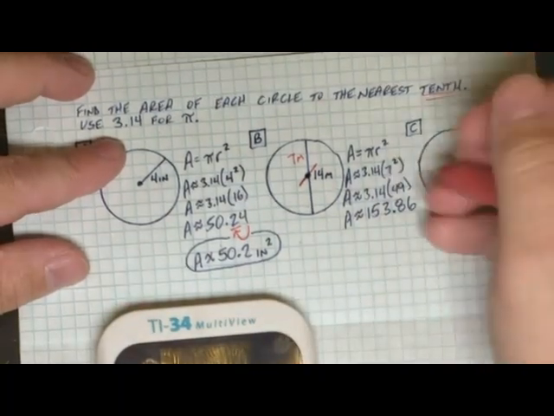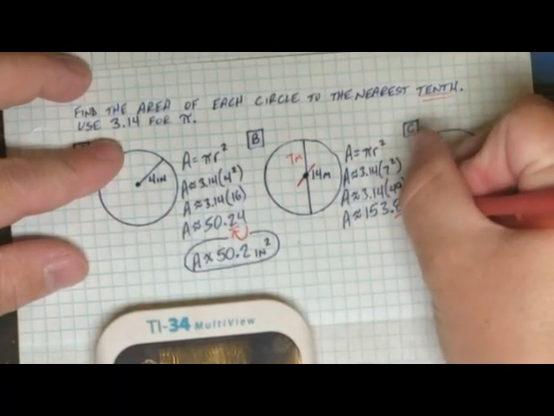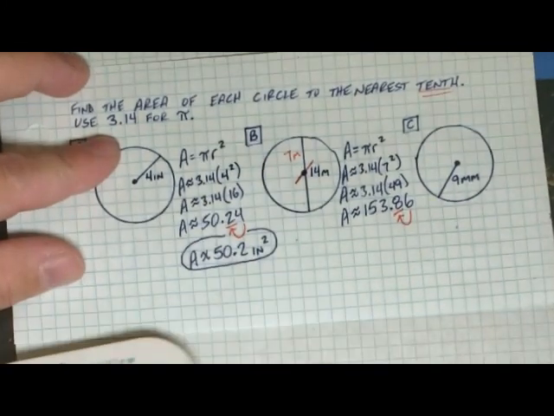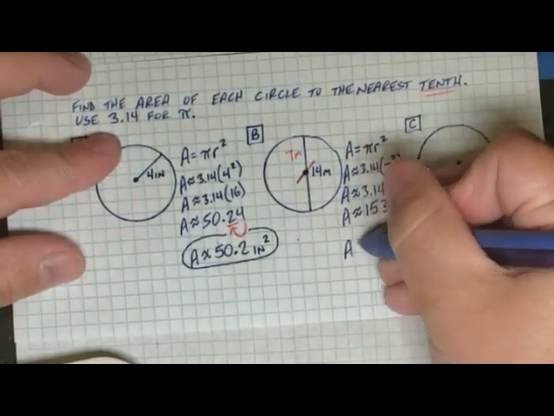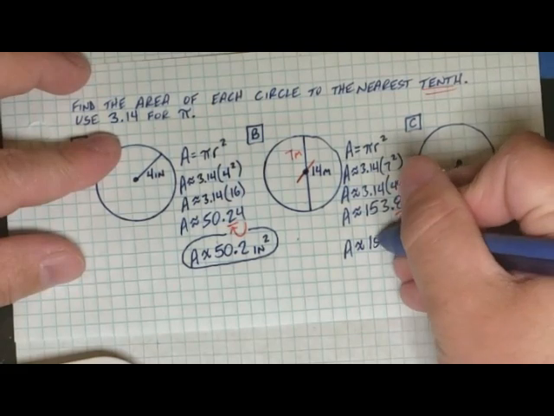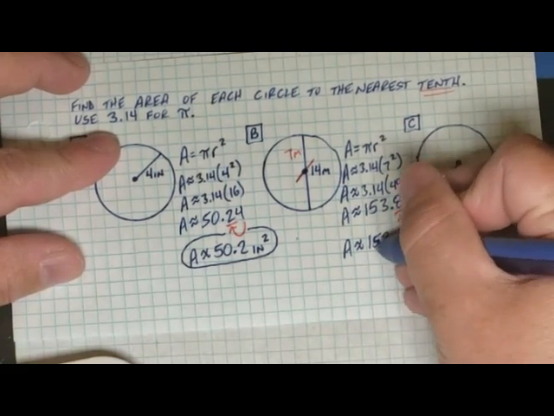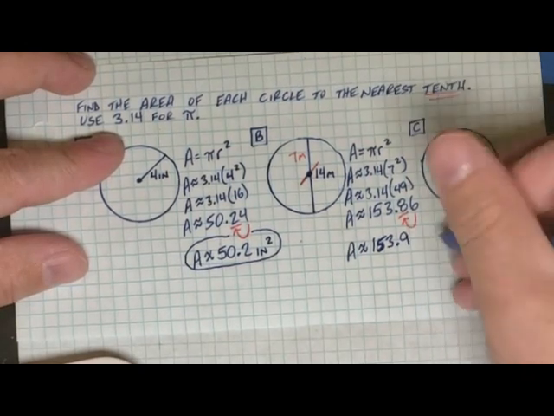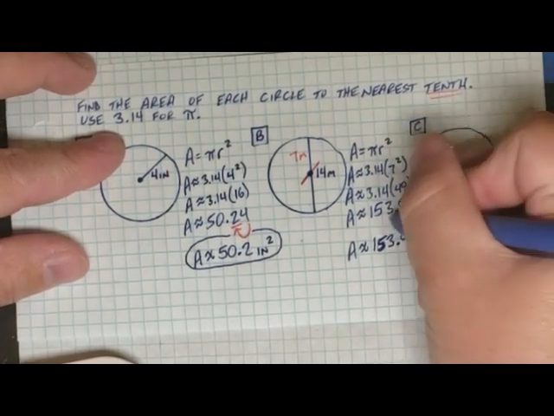We're supposed to round to the tenths place. This 6 would push the 8 up to a 9. So the area of this circle is about 153.9 meters squared.